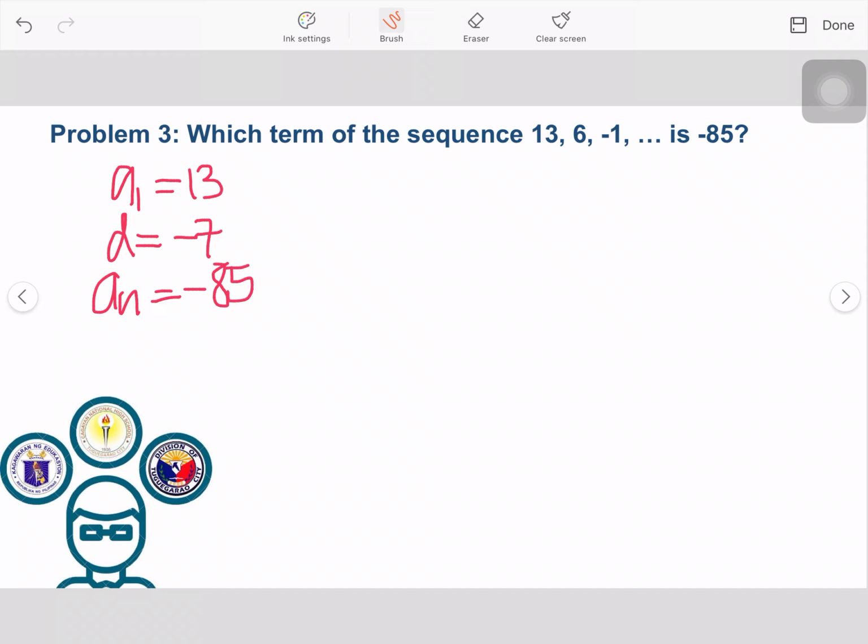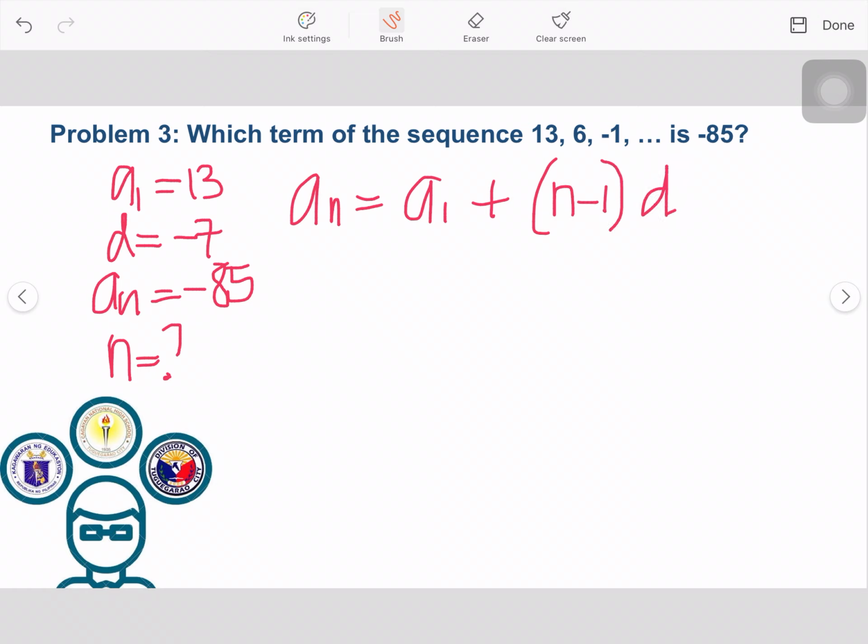So we are looking for n. Using the formula for the nth term of an arithmetic sequence, we have a sub n equals a sub 1 plus n minus 1 times d.